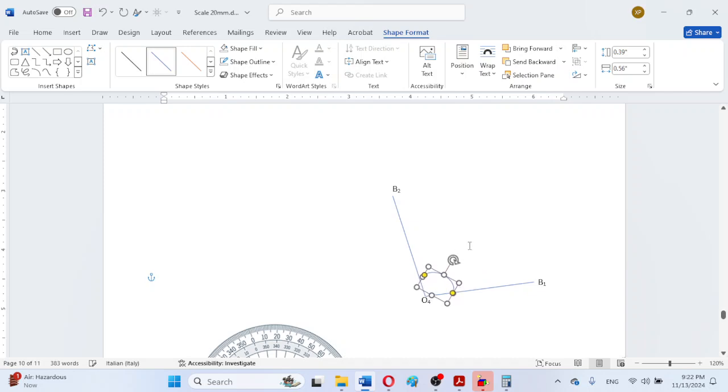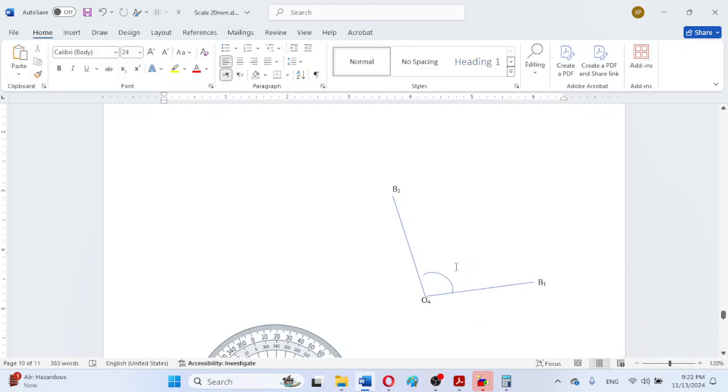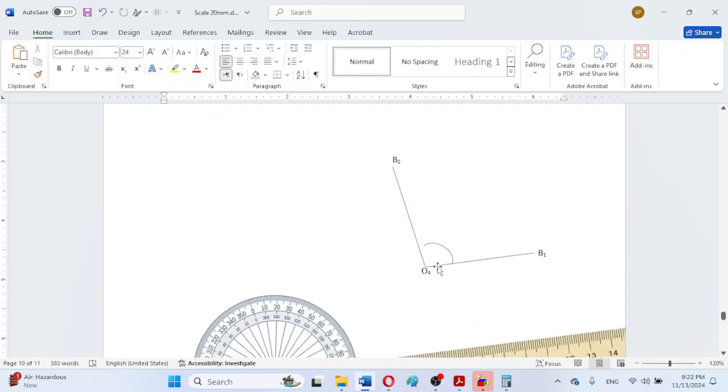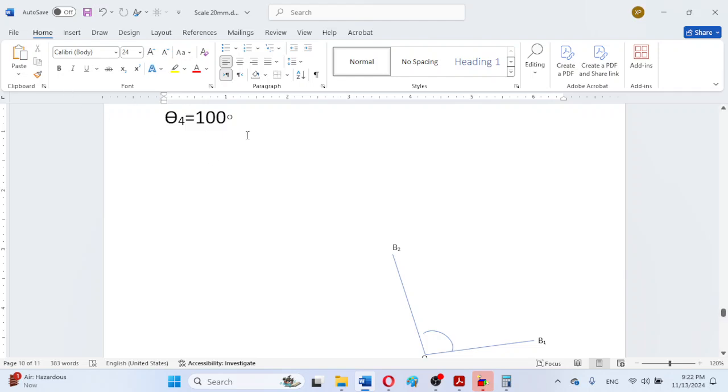You can use up or down arrows very carefully. So in this way, we can observe this theta 400 degrees has been specified.